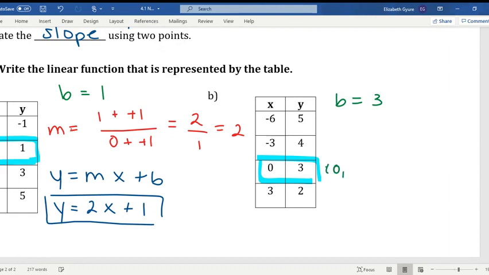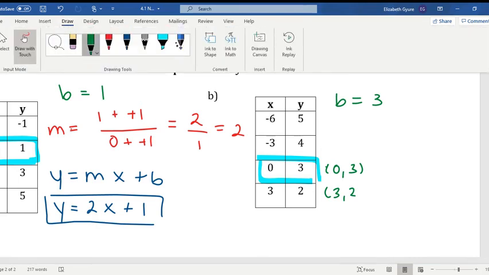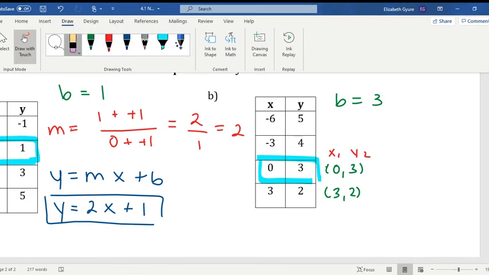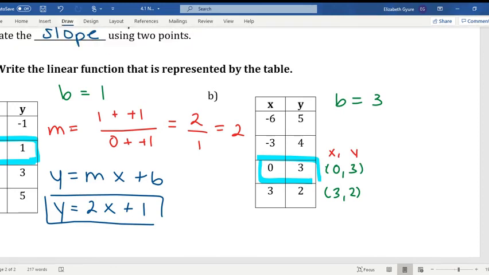So if that's the point 0, 3, can I just grab another point and then plug it into the slope formula? Doesn't matter which one? No, how about we do the one, so that way we have positive numbers, okay? Let's deal with the one below it, 3, 2. All right, so which one's your x1, y1? x1, y1, and then x2, y2.